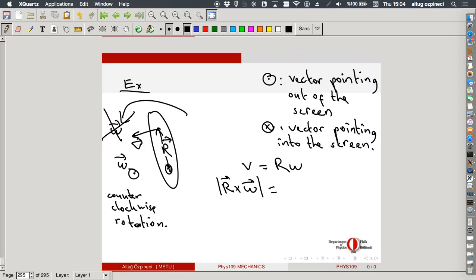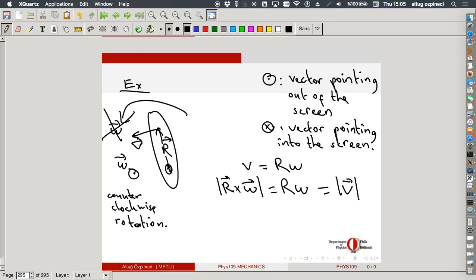So what is the magnitude of this r cross w? It is r w times the sine of the angle between the two. What is this angle between the two? Sine of 90 degrees is just 1. So r cross w has the same magnitude as the velocity vector of my object.